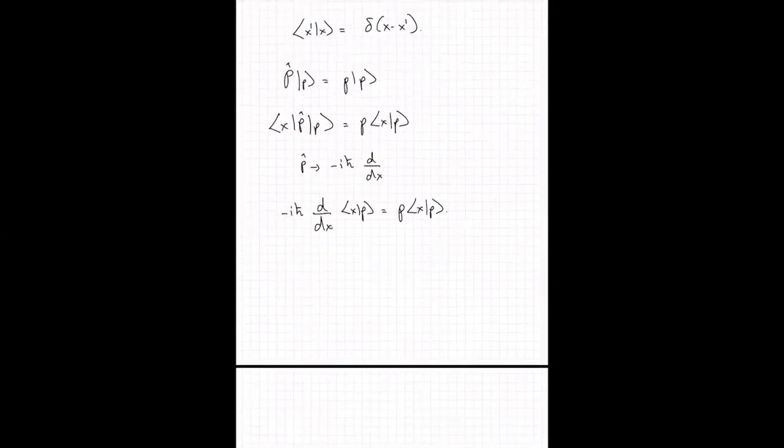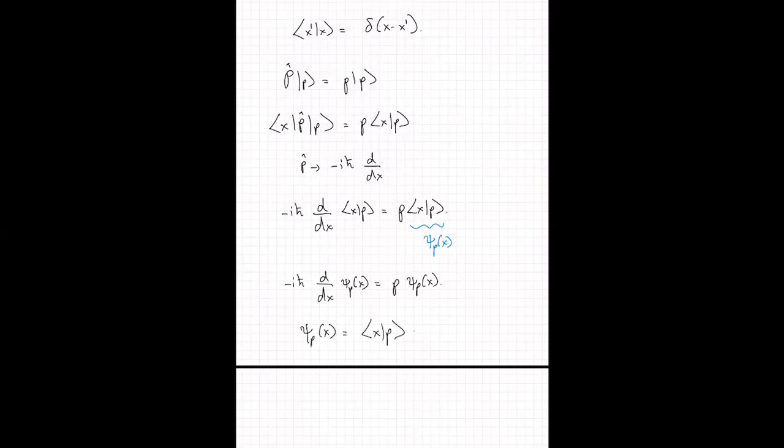And this quantity <x|p> we can write as psi_p(x), right? And this turns into an eigenvalue equation, which is minus i h bar d/dx psi_p(x) equals p psi_p(x), which has the solution psi_p(x), which I remind you again is the overlap <x|p>, is some A e to the i p x over h bar.